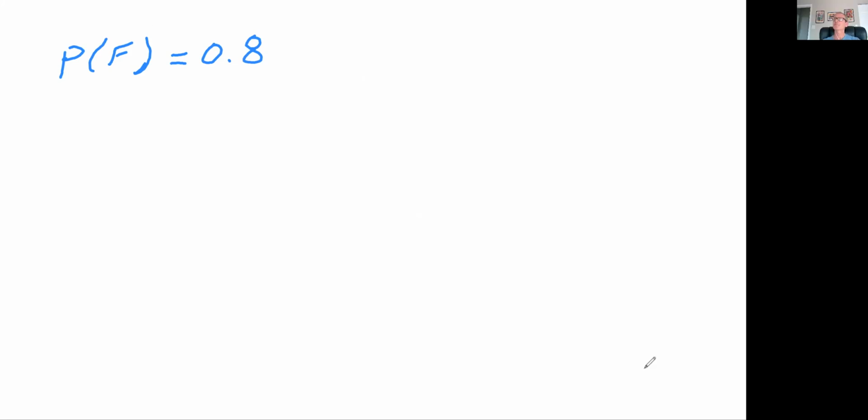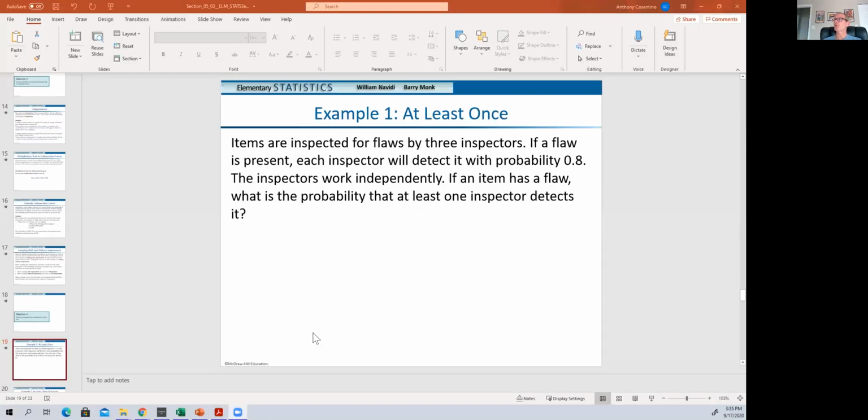I could redo this. So here I'm sharing it. The inspectors' work is independent, meaning that the effect of one inspector doesn't affect what happens to the other, which is nice. And it should be that way, right? Unless they're working together, which inspectors should not do. And if an item has a flaw, what is the probability that at least one inspector detects it?